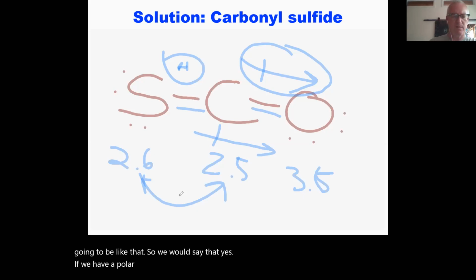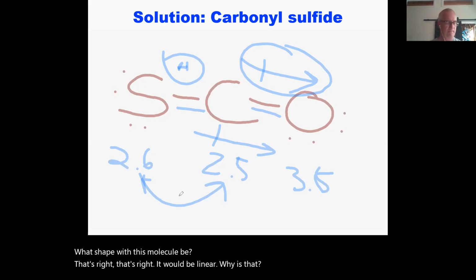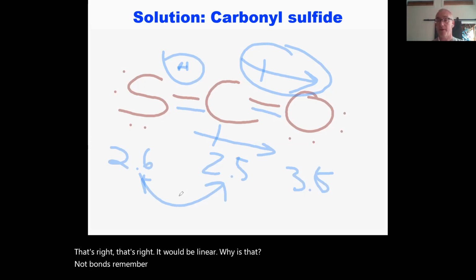What shape is it? What shape would this molecule be? Linear. That's right. It would be linear. Why is that? You have 2 bonds. Not 2 bonds, remember, there's actually 4. Well, we have 2 of something.